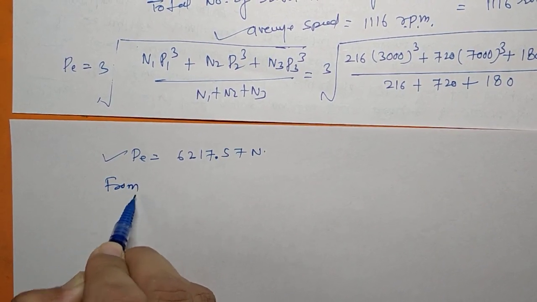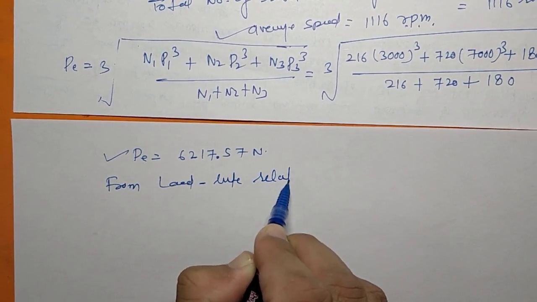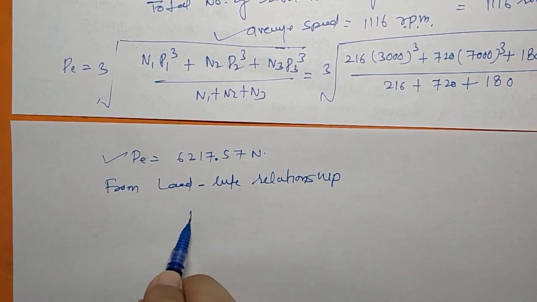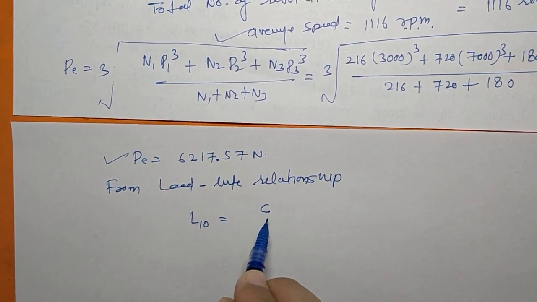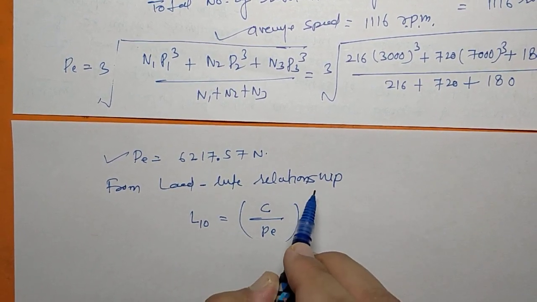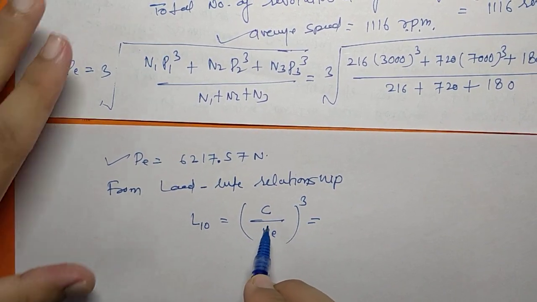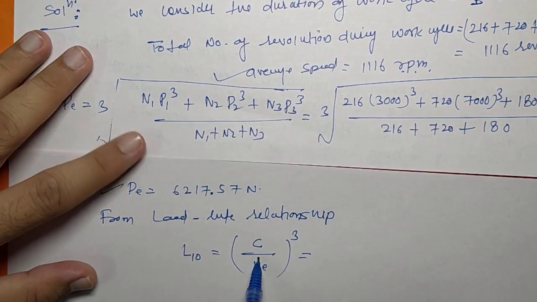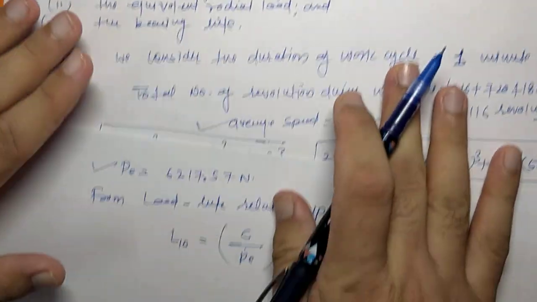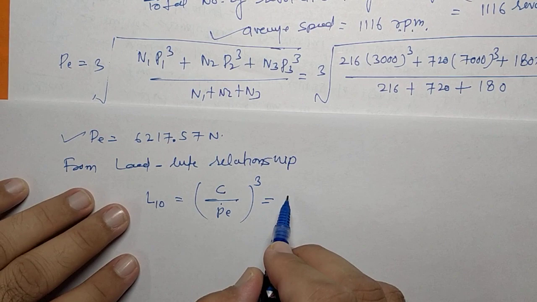From the load life relationship we can write L10 equals (C divided by P equivalent) raised to the power n, and since we are talking about a ball bearing, this is 3. The dynamic load capacity given is 16.6 kilonewton. So we know C and we know P equivalent, and we replace the values.